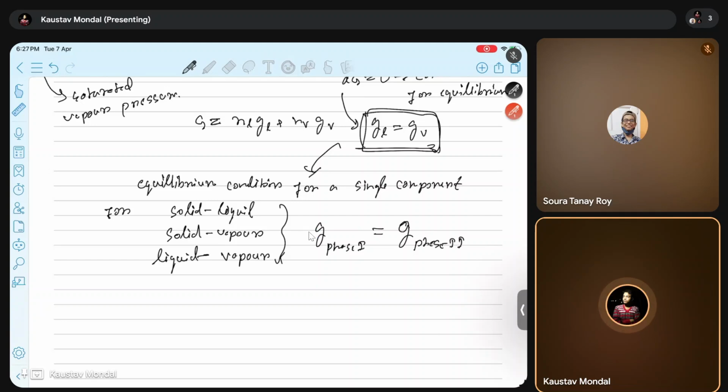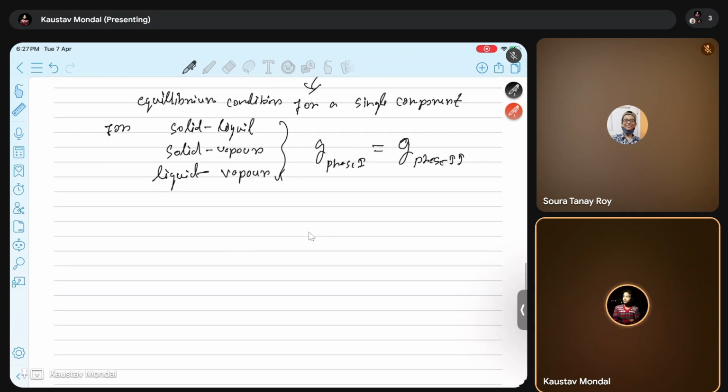At that particular temperature, there is some heat that is required to make this phase transition. That heat is known as the latent heat.